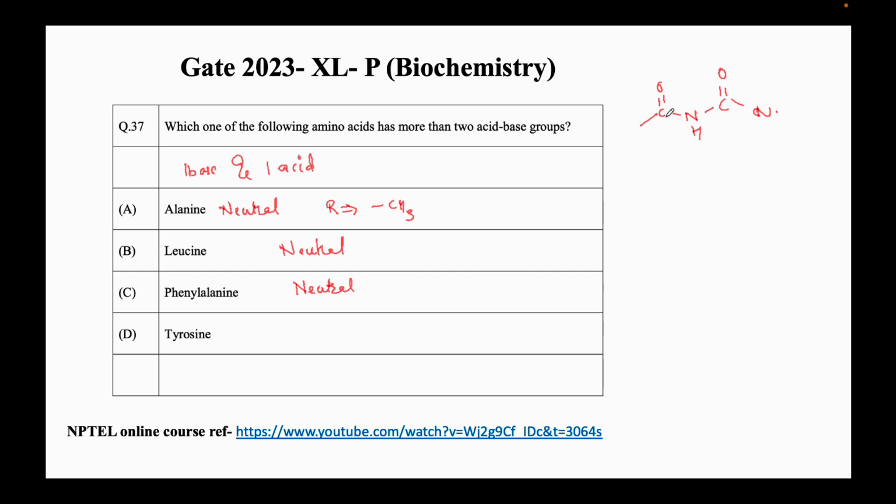They will be involved in the formation of polypeptide chains. So in the polypeptide chain, these amino acids will be neutral because the acid and the base groups are already involved in the formation of a peptide bond, right? This is the peptide bond. So these acid and base groups are not free. This is very important, they are not free to donate or accept any proton.